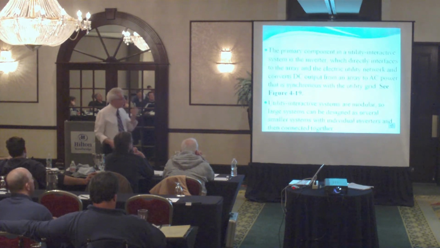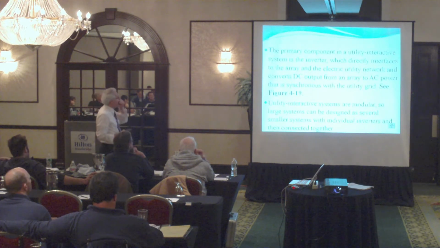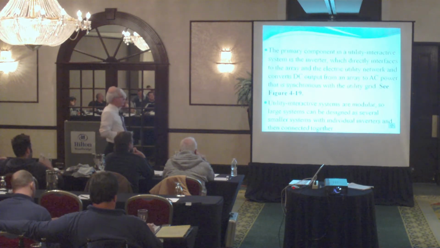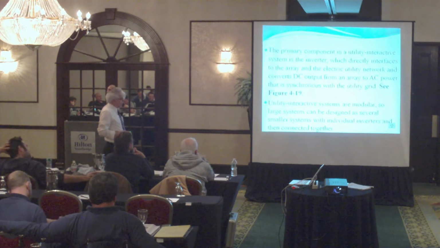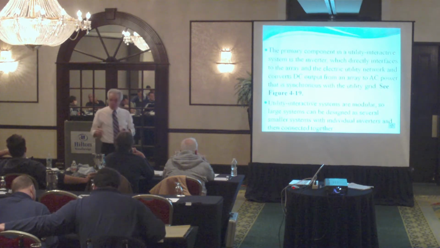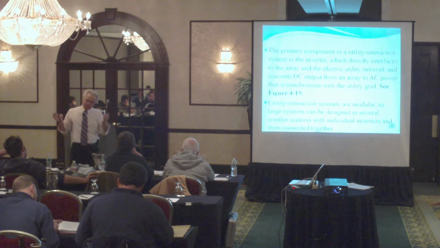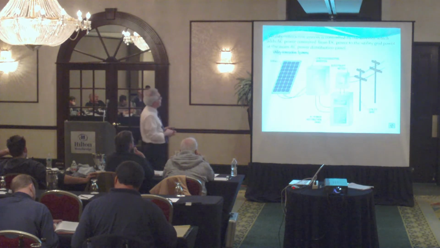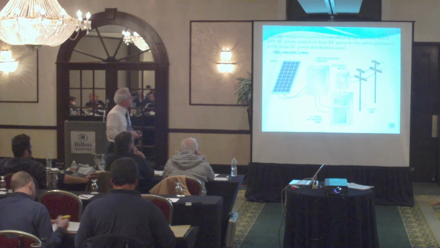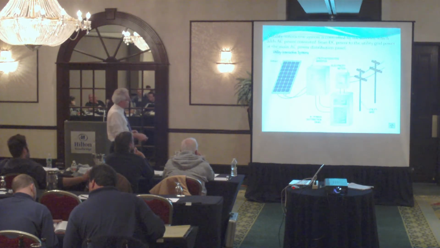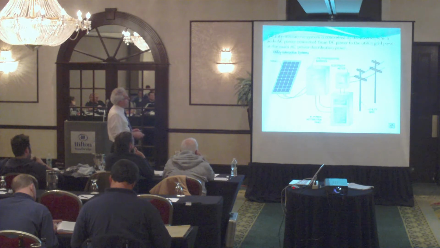You have the ones that use batteries and the ones that don't. The primary component is the inverter, which interfaces directly between the utility and your array system. They are modular, so you can design a 9 kW or 10 kW system by putting 3 kW systems together. A typical representation is your utility, your interactive inverter, your AC distribution panel, and your meter.